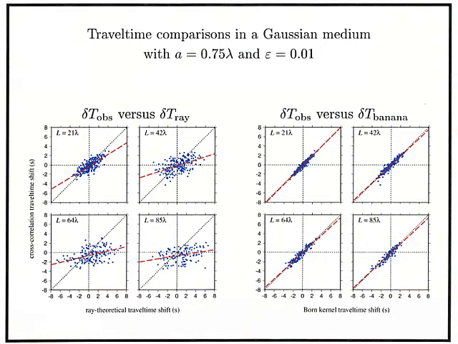So here's an example of one of these for a particular medium with a particular scale length, a particular RMS perturbation, etc. And every one of these plots on this axis is the measured cross-correlation travel time, that's ground truth. And on this axis is the theory. In this case, the theory is ray theory, and in this case, the theory is these 3D kernels.